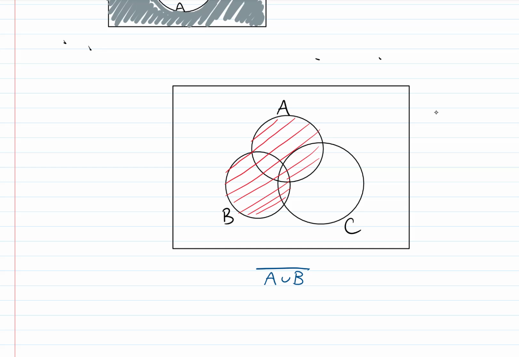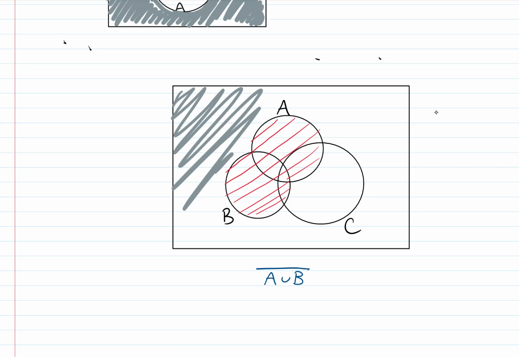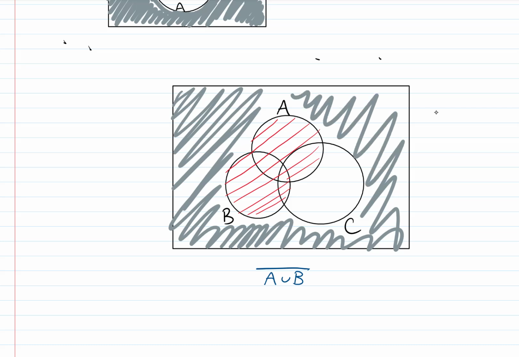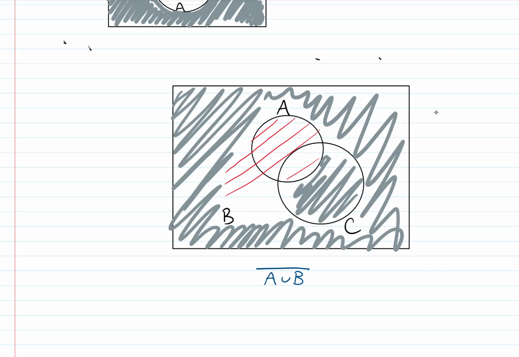So the complement of that is absolutely everything else. That's all of this stuff, first of all, but also all of this stuff in here too. Let me take away the red lines now. Okay, so there's the complement of A union B. It just gives a very nice visual representation.